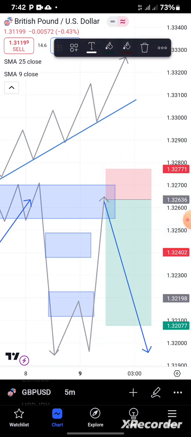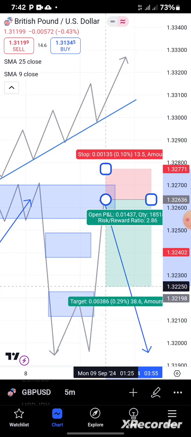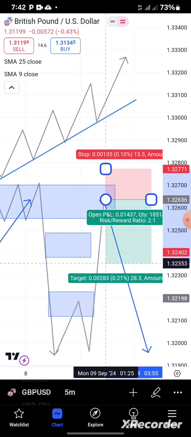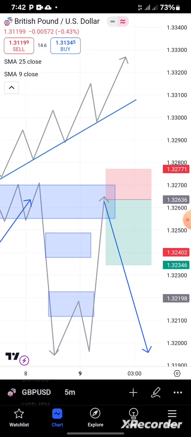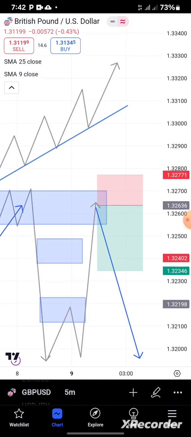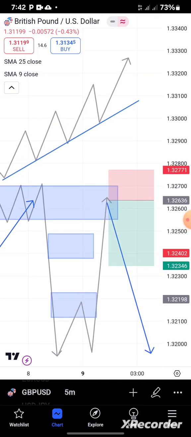Most people will enter short here and go for a 1:2, a 1:3 risk to reward, with the stop loss above this point. Have you seen, guys? That's basically supply and demand.